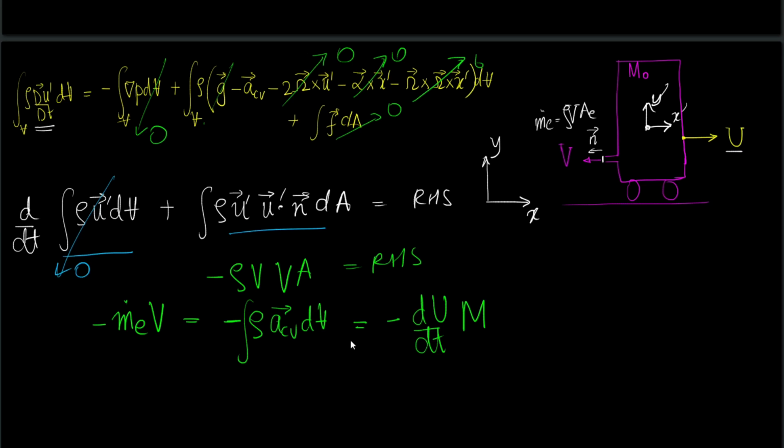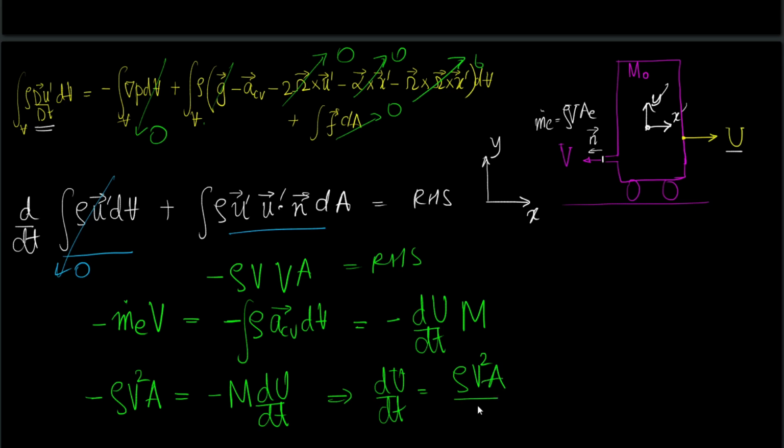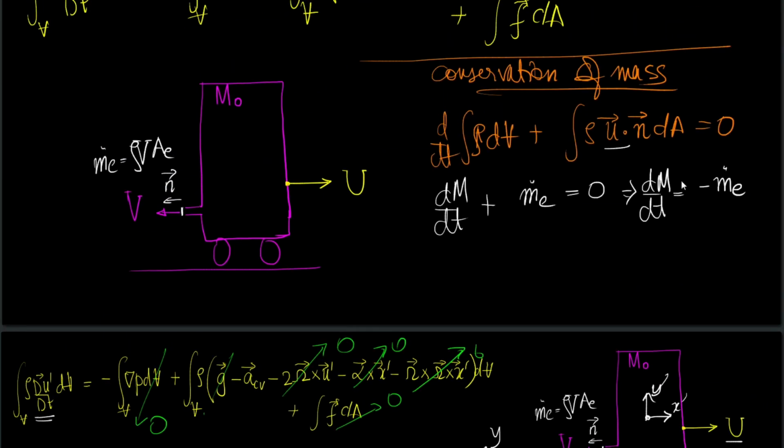So what do we have? Finally we have, okay, let us write it down as rho v squared A. So we have minus rho v squared A is equal to minus m du/dt, or effectively du/dt is equal to rho v squared A upon m, where m is found by integrating this.